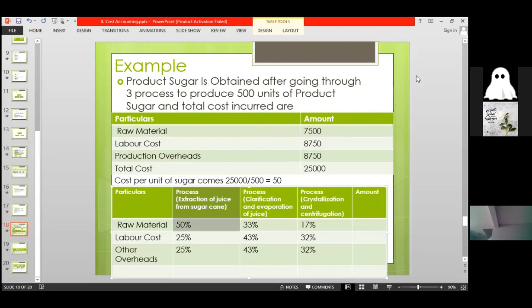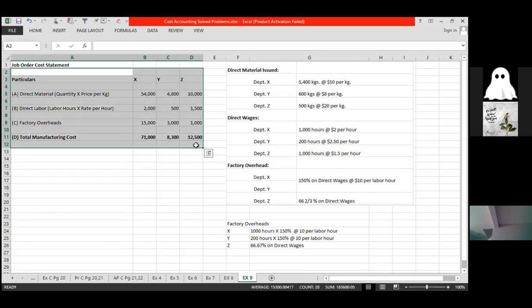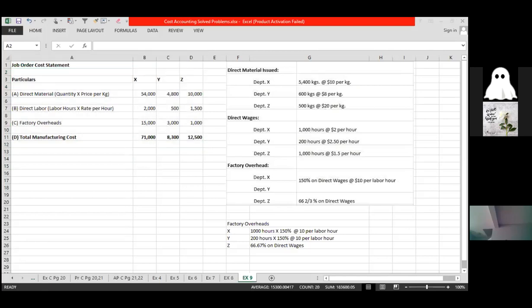So when you're creating the cost sheet, you will create process 1, process 2, and process 3 as per the names here, and then assign the raw material costs, labor costs, and other overhead costs to it. So just like we have our cost sheet here, prepare a similar one for this company also, but you have to calculate the amount for everything now, instead of given small practices.